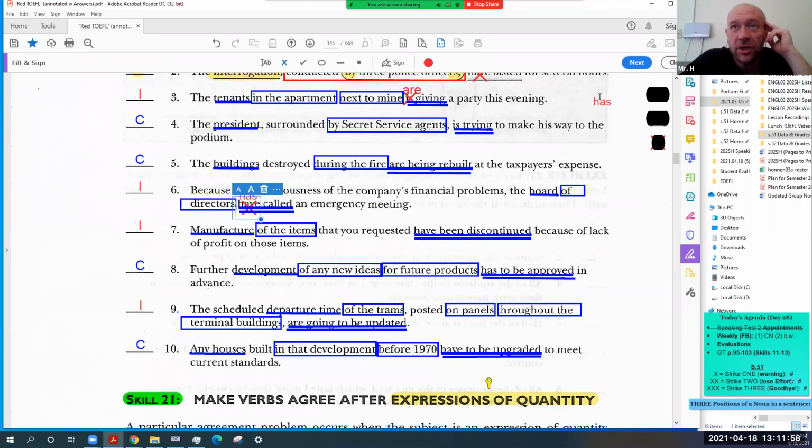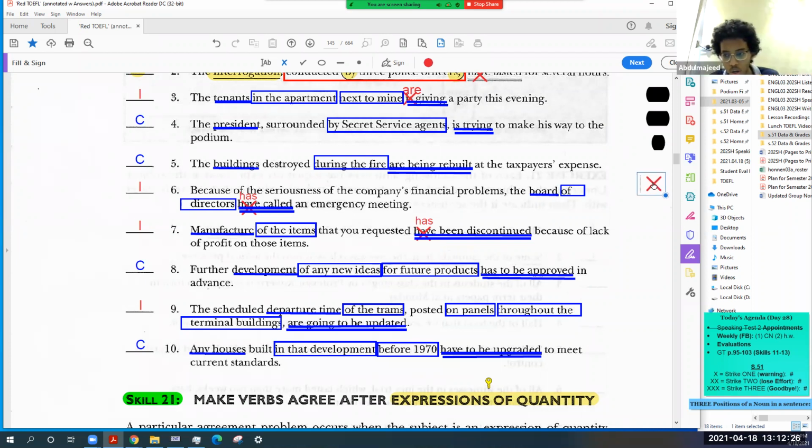What about number 7, gentlemen? What do I do with number 7? I want to use has. Why? Because manufacture is uncountable, right? Then the last one, number 9. What's the problem with number 9?